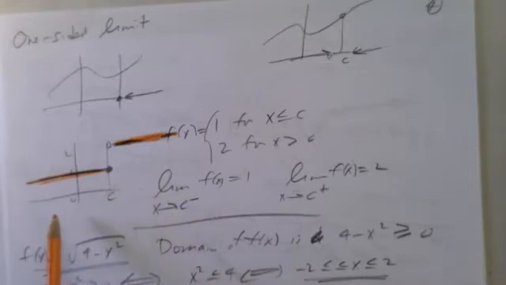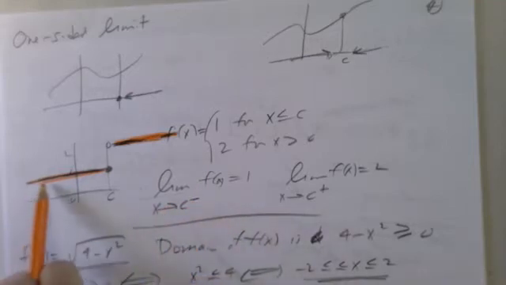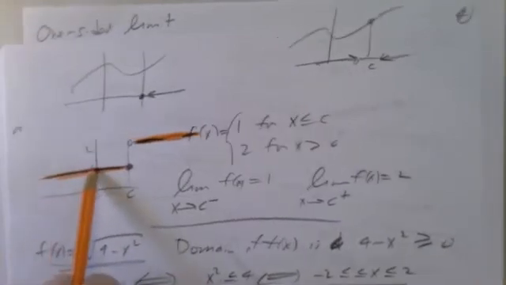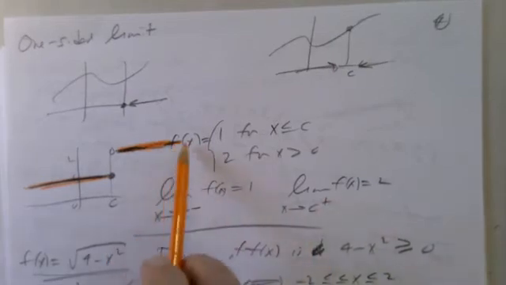But if you only look at the one-sided limits, like here, the limit of this function as x approaches c minus, that means from the left. As you approach from the left, this is the constant function 1, and the limit is 1. Here you have a plus. As you approach this number from the right, the plus side, the function is constantly equal to 2, and the limit is 2. So that's what the plus and minus signs mean.